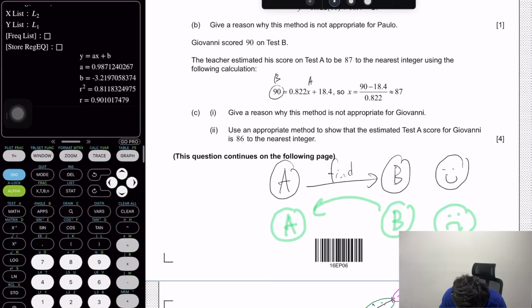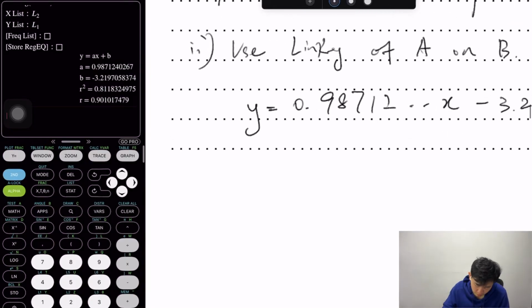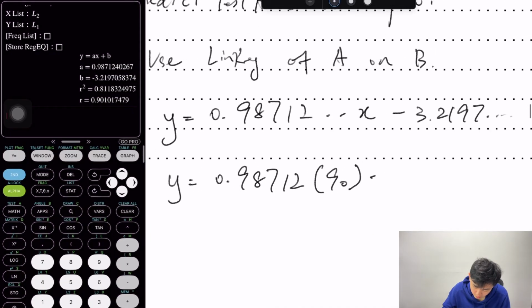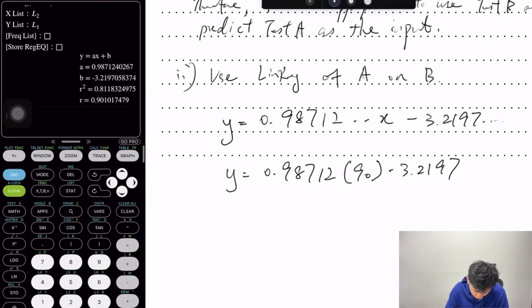Then we replace the x with the score. This guy got 90 points. So y equals 0.98712 times 90 minus 3.2197. Use your calculator.